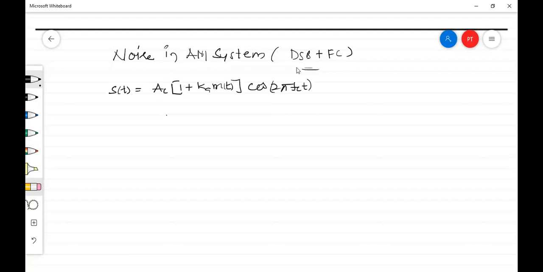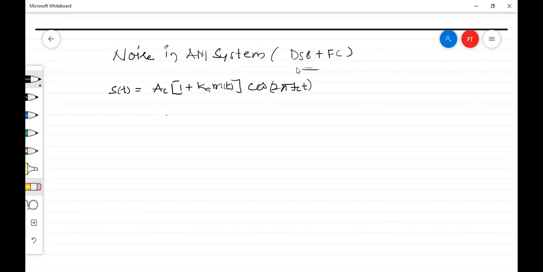This is a well-known equation. Okay, we know this equation well, isn't it? AC means the amplitude of the carrier, Ka means amplitude sensitivity, m of t is the message or modulating signal, and this is the carrier with the frequency fc. Okay, this is about the transmitted signal.